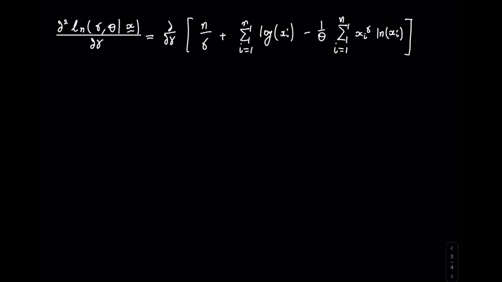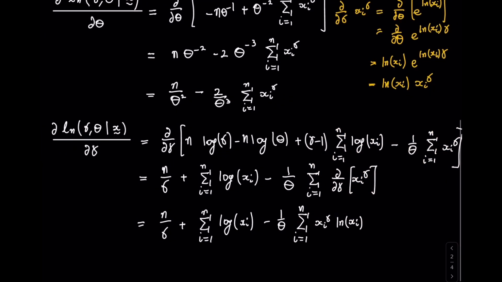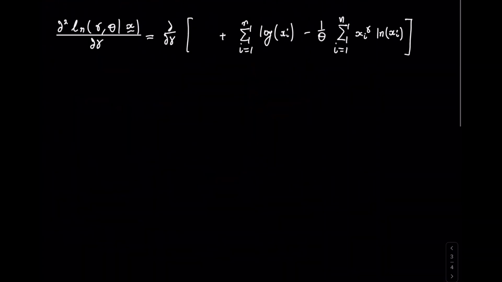Now, in this particular instance, this n on gamma, apologies, let me just rewrite. That n on gamma can be rewritten as n gamma to the negative 1.